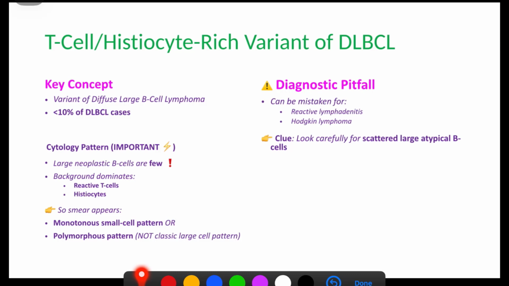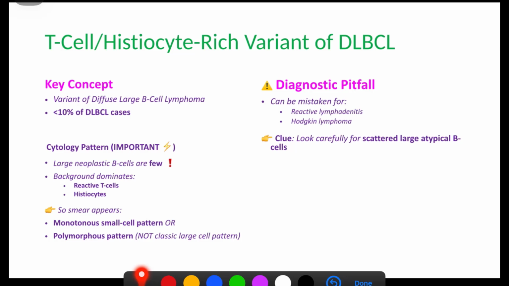Cytologically, large neoplastic B cells are very few, but the background shows reactive T cells and histiocytes. So, mostly the smear appears as a monotonous small cell pattern or polymorphous pattern, and the classical large cell pattern is seen very less likely.